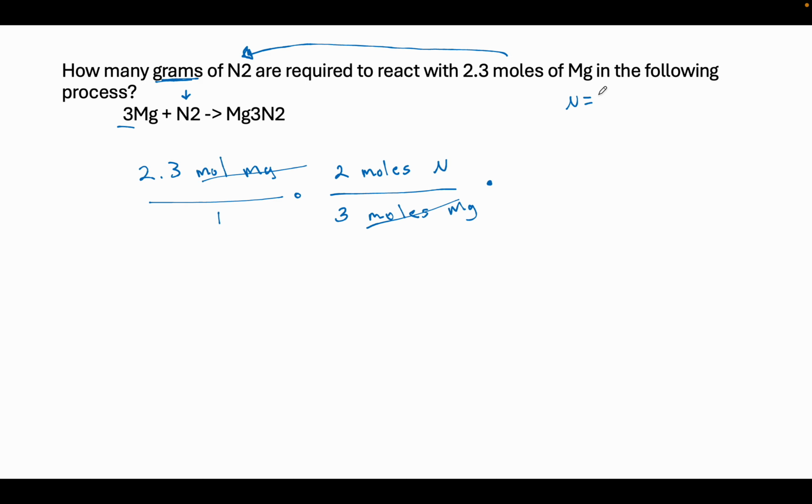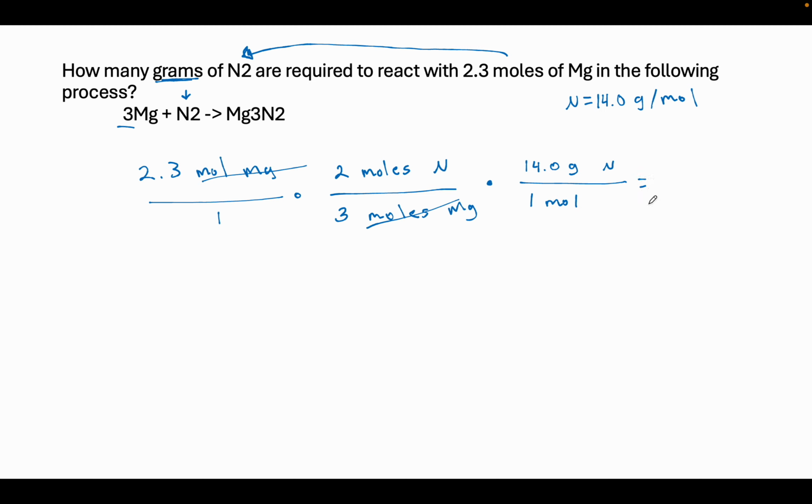So N equals 14.0 grams per mole. Alright, so we got 14.0 grams of nitrogen for every mole that we got.